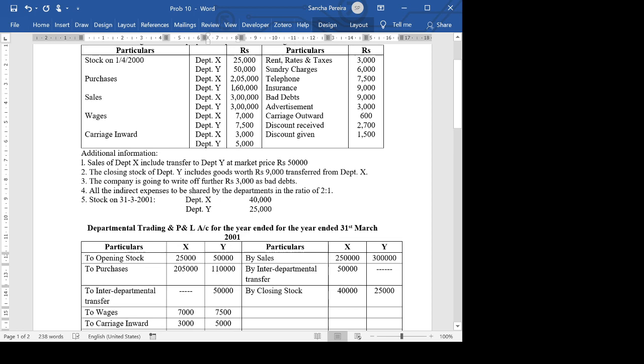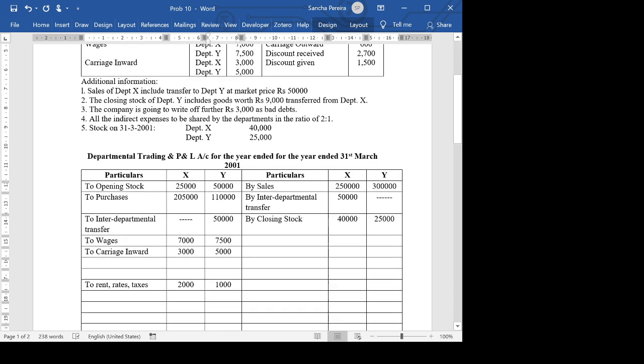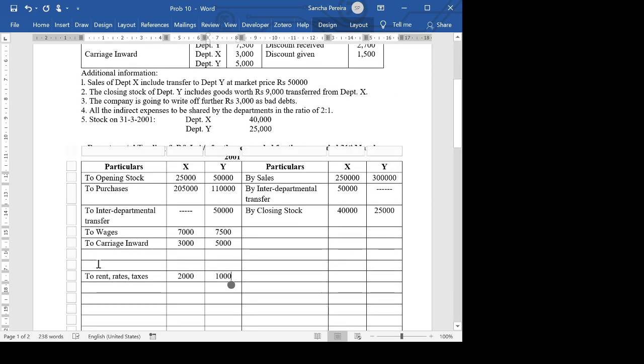Then we have sundry charges, 6,000. To sundry charges, 6,000. That will be 4,000 and 2,000.